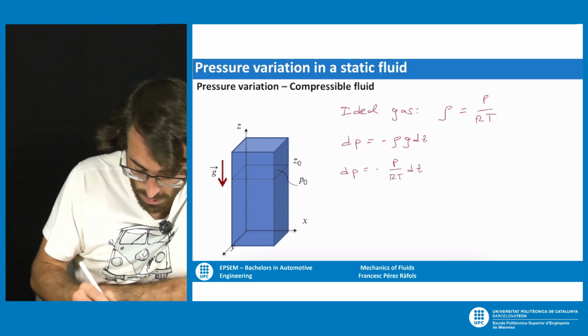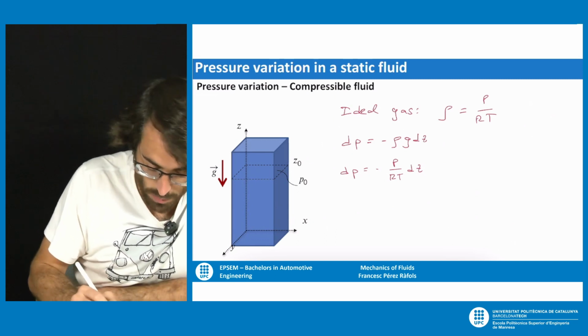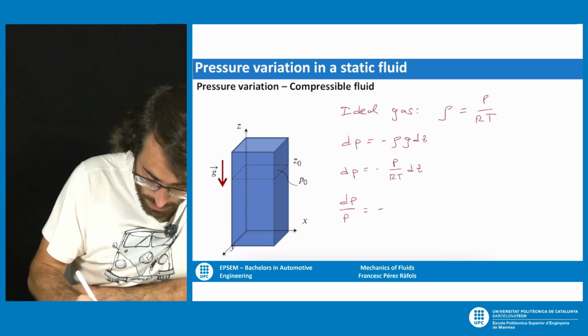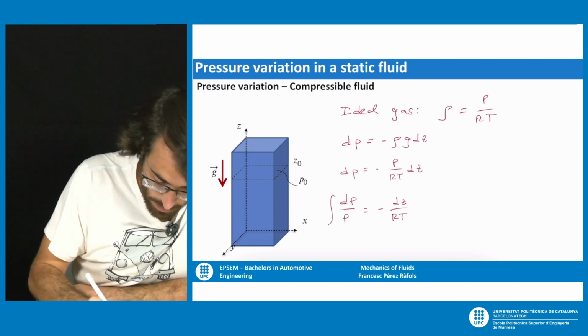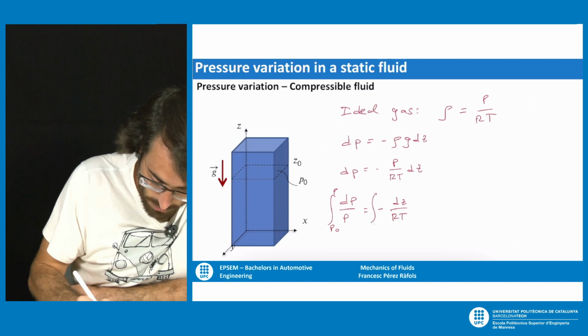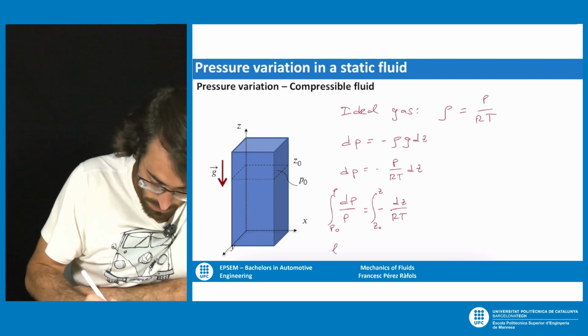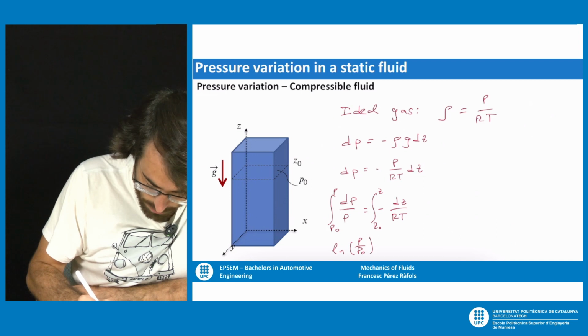In order to integrate this, we can move P to the other side, and we'll have dP over P is equal to minus g dz over RT. And again, we can integrate from the reference pressure to our pressure and from the reference height to our height. We integrate that, and here we will get a logarithm. So we get the logarithm of P divided by P0.